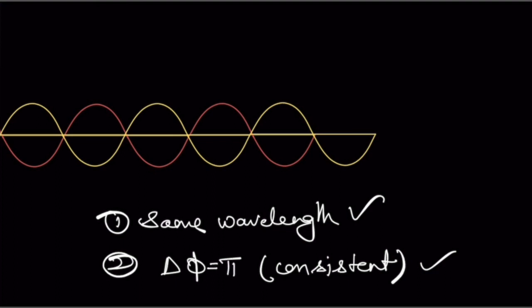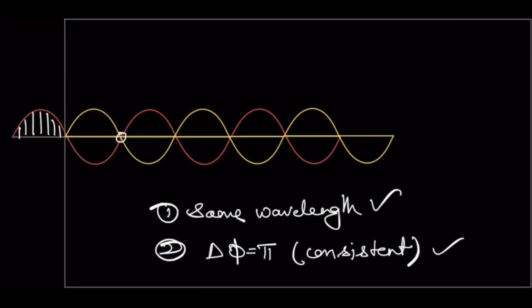It is pi. And it is consistent everywhere for the entire wave. Take any point, this point. One wave has completed 2 pi and the other only pi. The difference is pi. The delta phi is pi. And it will be the same for every point if you calculate. These waves also are coherent.